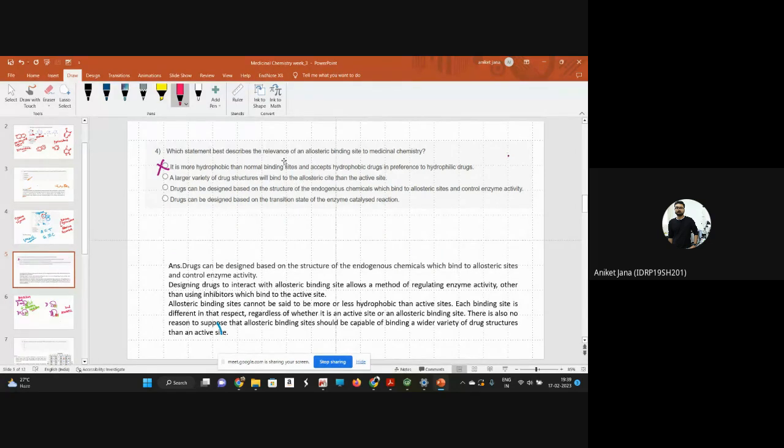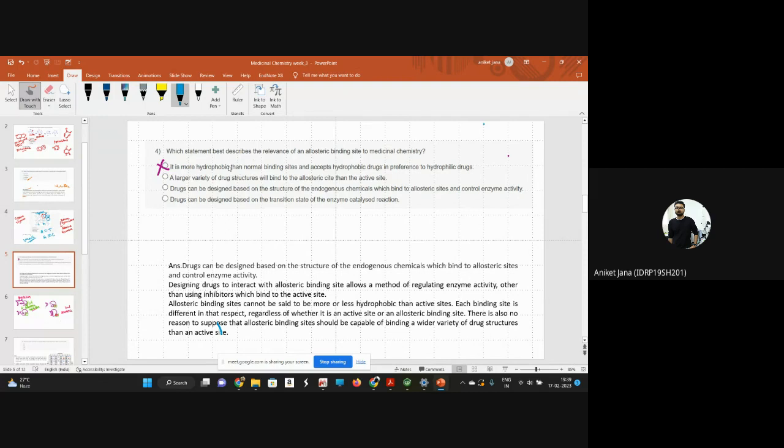So what was our question? Which statement best describes the relevance of an allosteric binding site to medicinal chemistry?